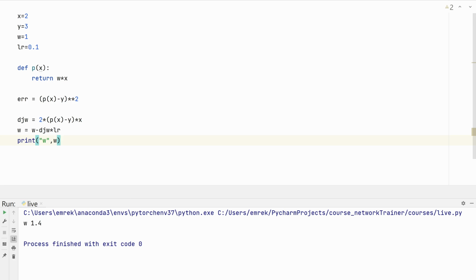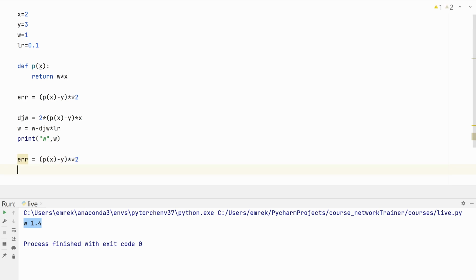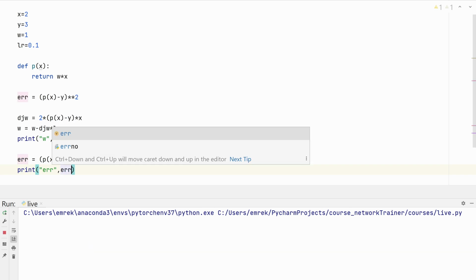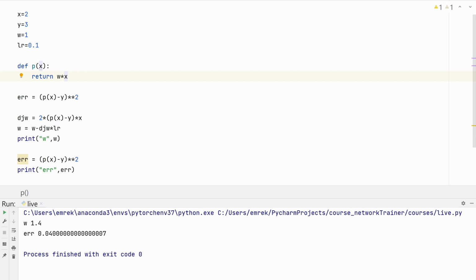Okay, the updated parameter is 1.4 as we calculated. The error is, okay. Now let's recap this step on the graphics.